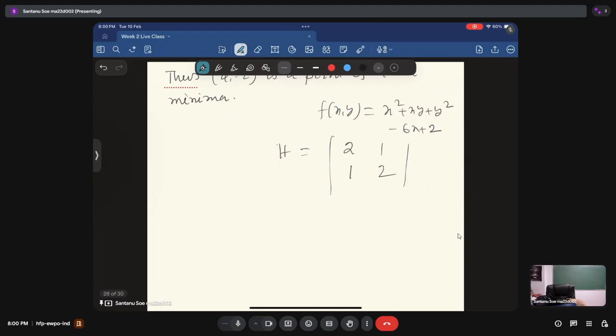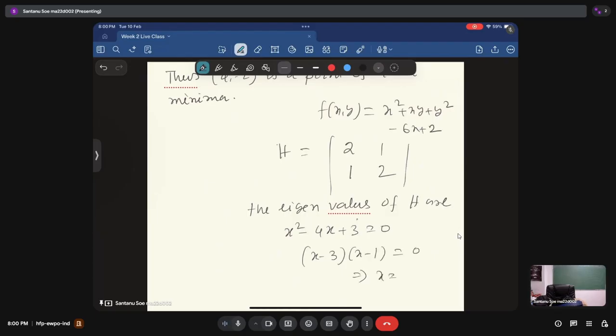Now the eigenvalues of H. So the eigenvalues satisfy x squared minus 4x plus 3 equals 0. So we have to solve this equation. We'll get (x minus 3)(x minus 1) equals 0, and this will imply x equals 1, 3.